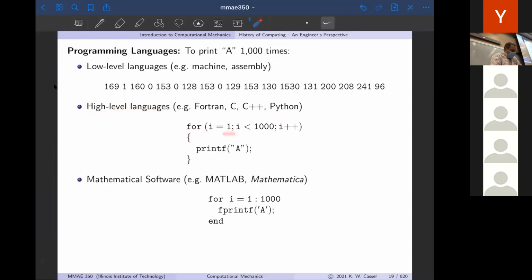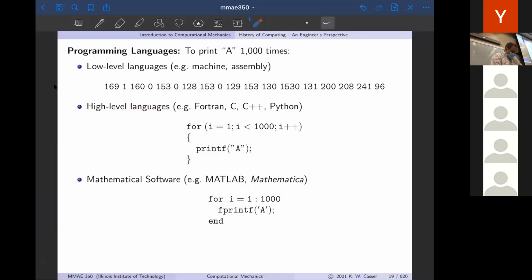I is going to go from 1 up to 1,000. I++ means increment I by 1, and then do the stuff in squiggly brackets. The stuff in squiggly brackets in this case is a print statement that prints the letter A. Fine, but the point is now I can read it.